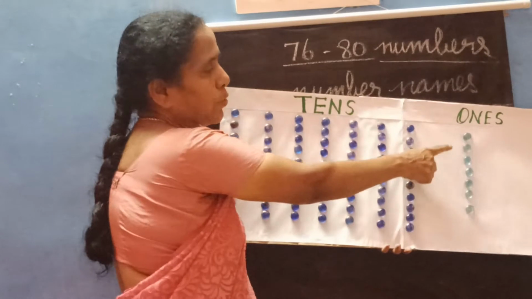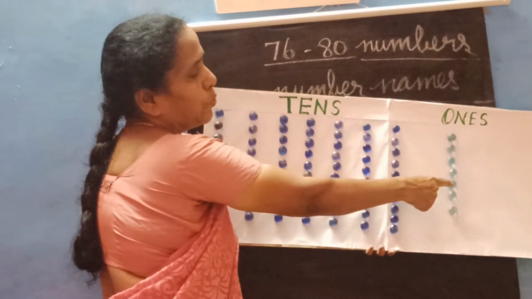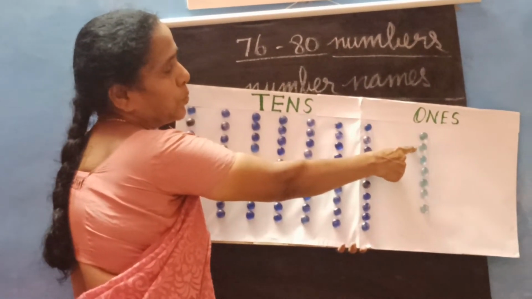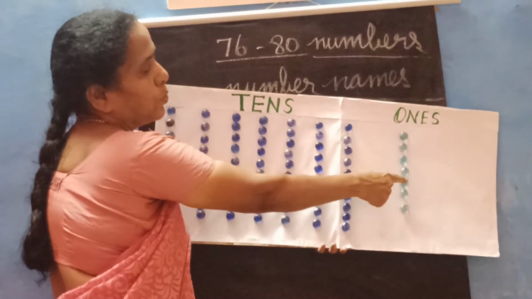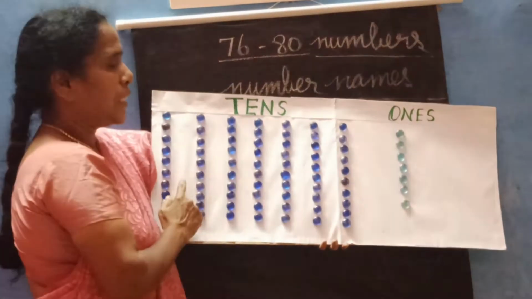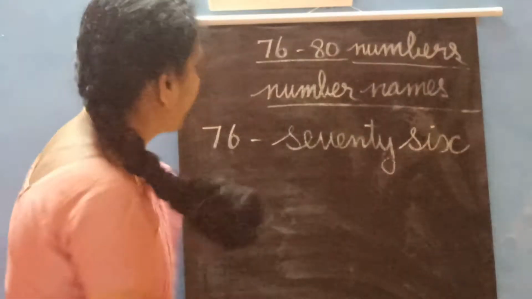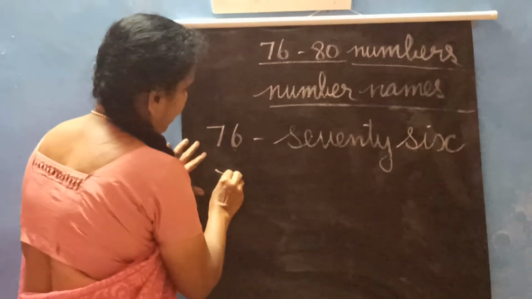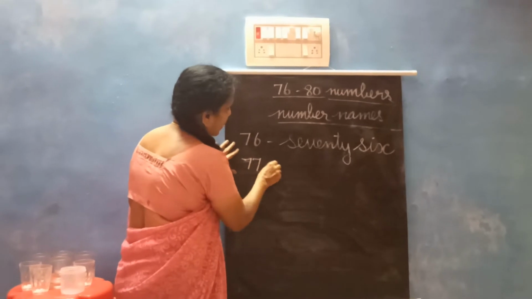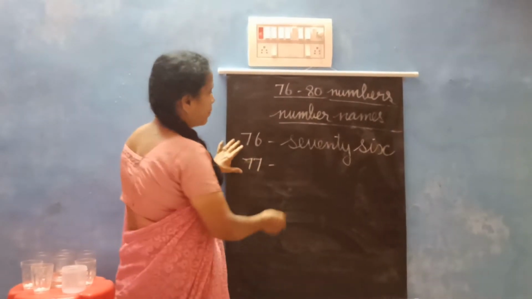The ones place: 1, 2, 3, 4, 5, 6, 7. 7 ones are there. 7 tens, 7 ones, 77.